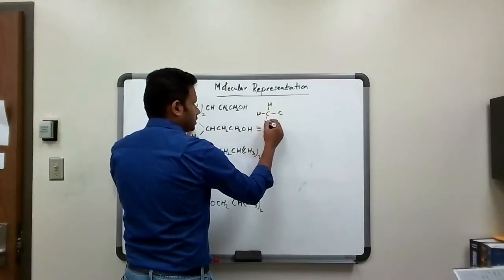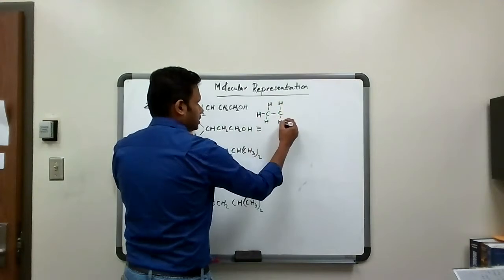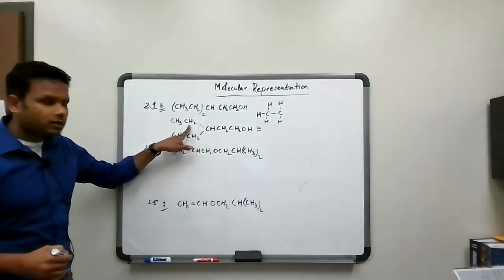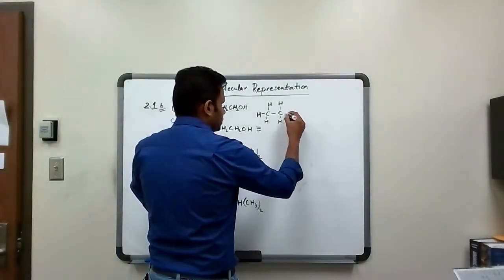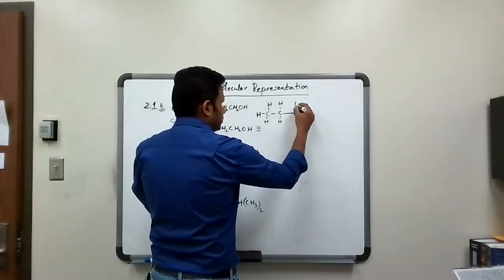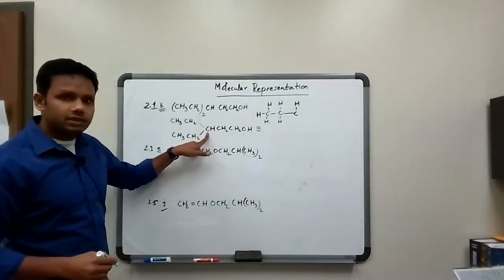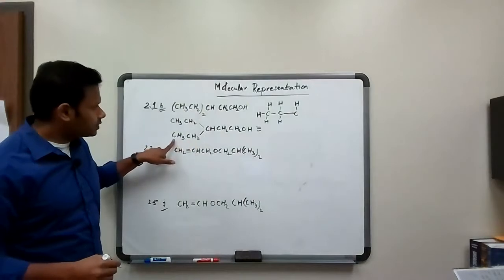This is a CH3. Then we have a CH2. That CH2 is connected to a CH. So I'm going to actually put a CH over there. Now this CH is connected to another CH2, which is connected to a CH3.